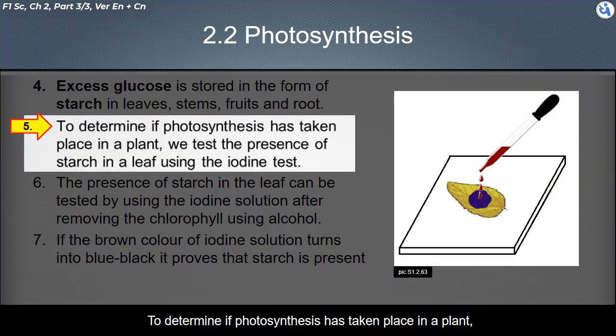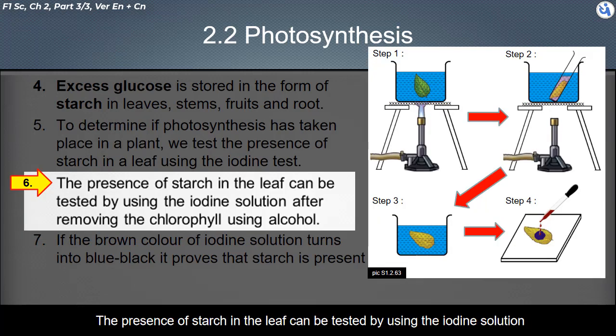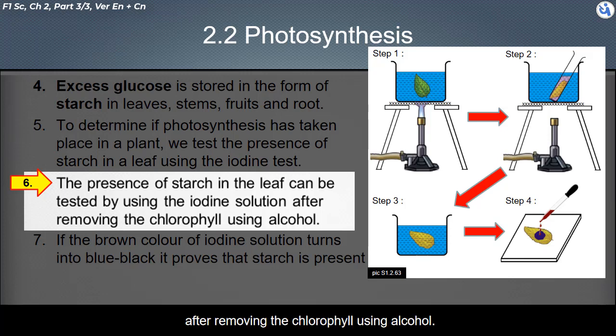To determine if photosynthesis has taken place in a plant, we can test the presence of starch in a leaf using the iodine test. The presence of starch in the leaf can be tested using iodine solution after removing the chlorophyll using alcohol. Now, let's discuss the steps to get the test done.